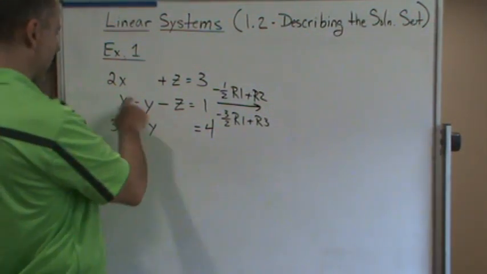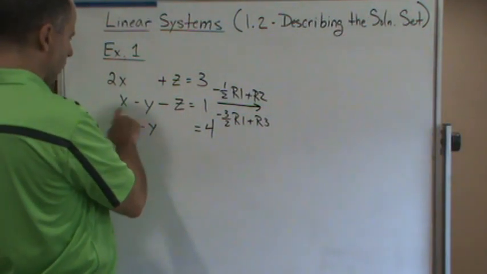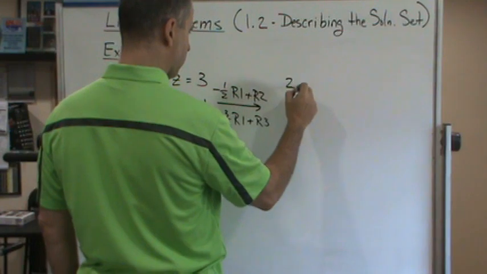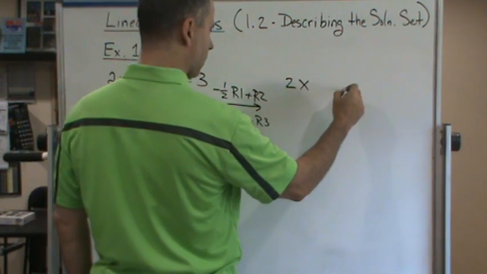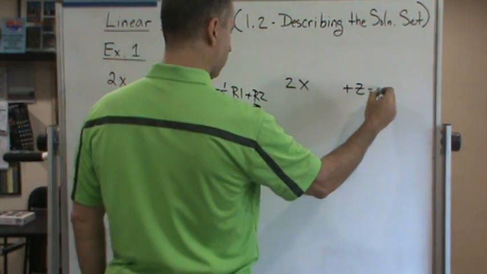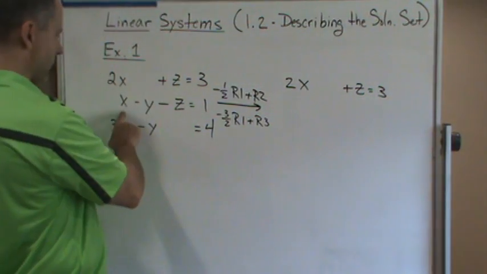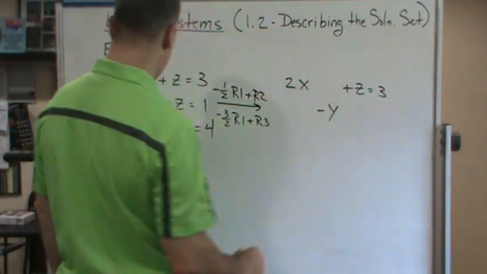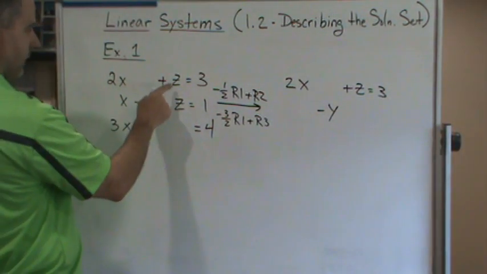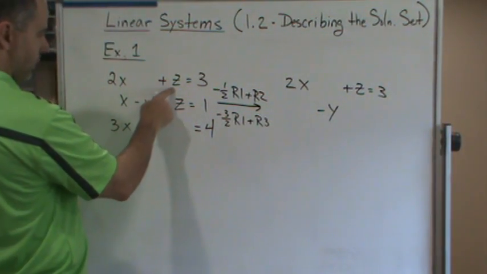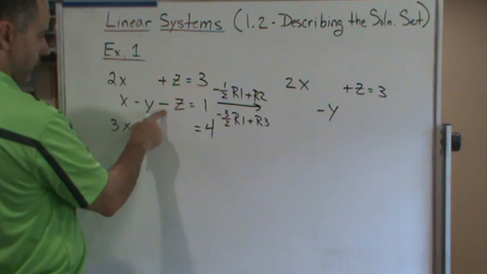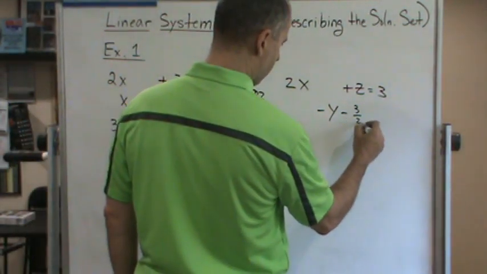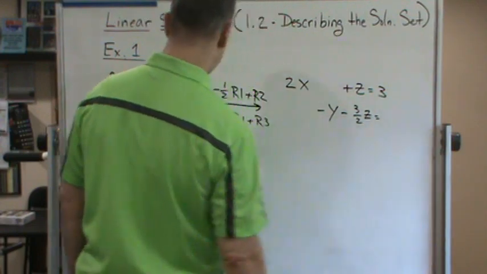So if we do negative 1/2, we're going to get negative 1 here. That'll go away. The y is going to be unchanged. So again, first row is unchanged. The x drops out. The y stays the same. So minus y. And then here we get minus 1/2 minus 1, so that's going to be minus 3/2, right?